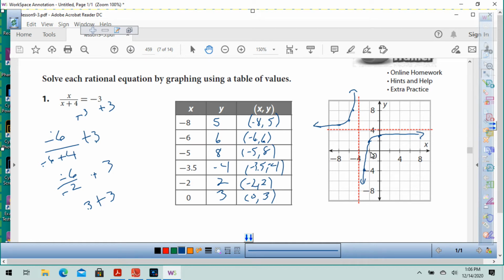Now, the x-intercept is x equals negative 3. You get that because you put a 0 in there; 0 divided by 4 is 0.